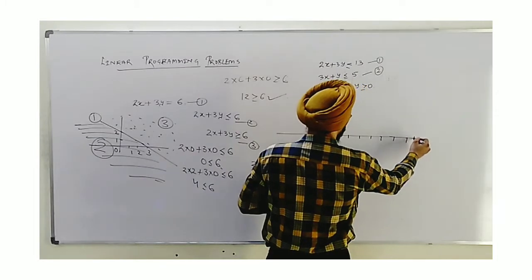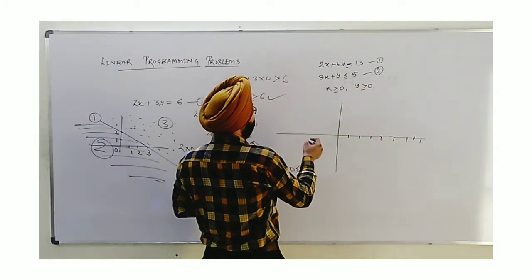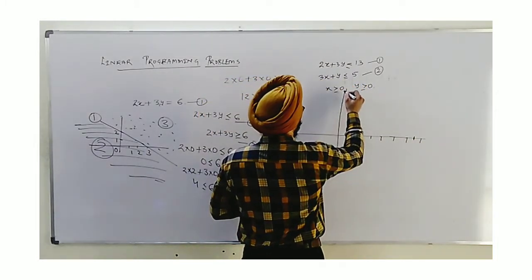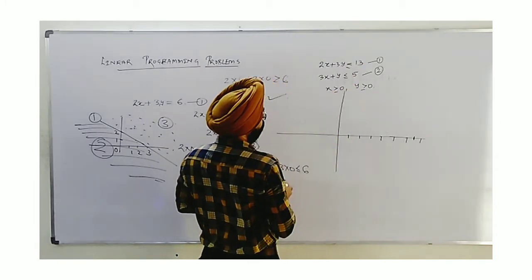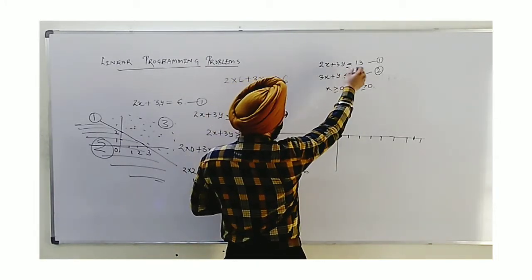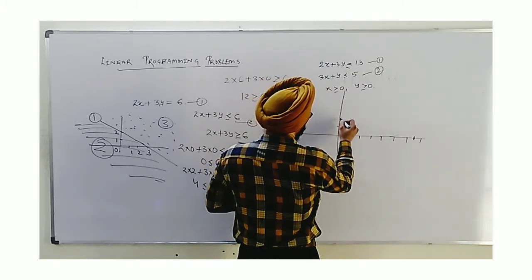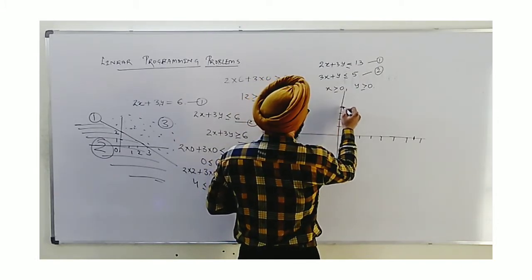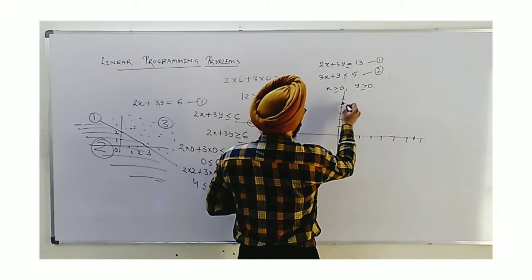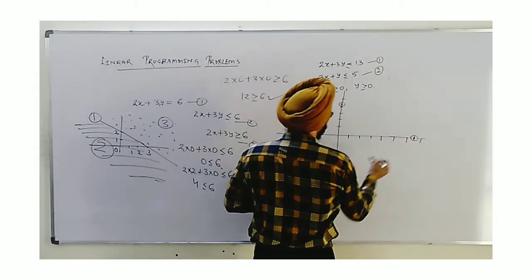This is the position. This point we have obtained. Similarly, when x equal to 0, we get 13 upon 3 for y. So this will become 4.3, somewhere between 4 and 5. So these 2 points we have to join.